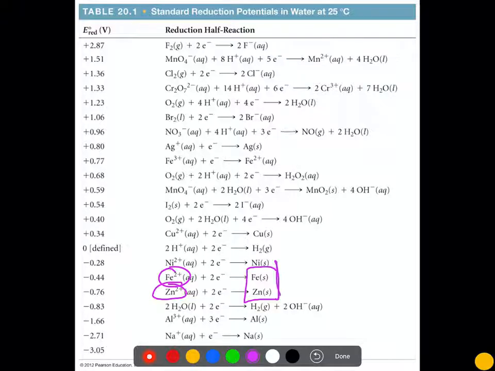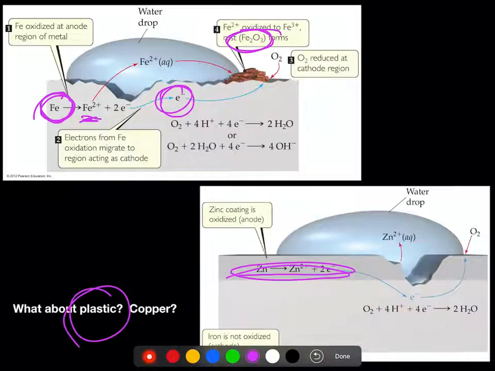If we look at my solids, zinc is more negative, which means that going in this direction it has a positive 0.76, and this has a positive 0.44, which means that zinc is more readily oxidized. Makes sense?